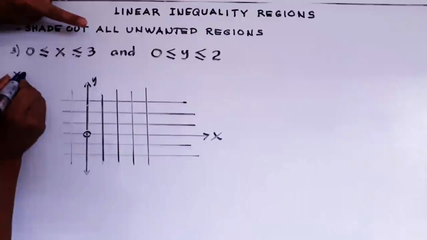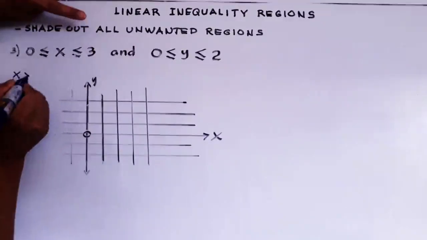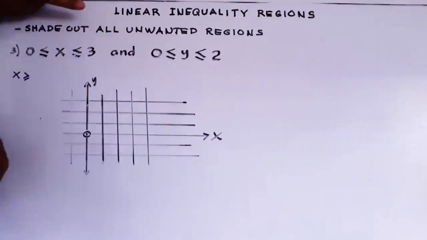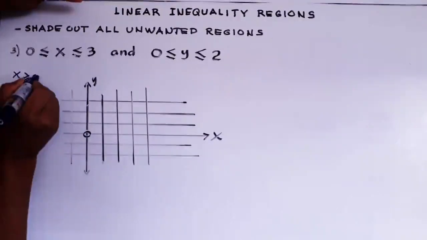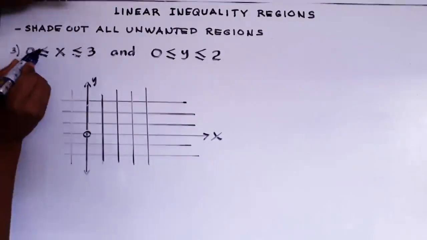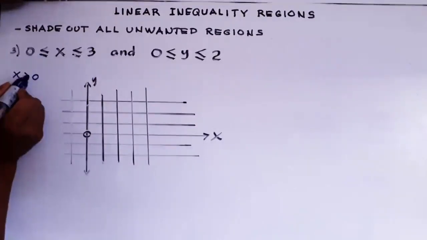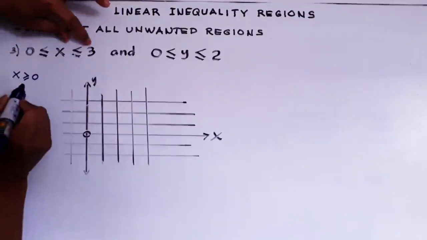So it should face here, and don't forget equals, and then 0. See here also, this small pointed end is pointing to 0. Now this one, you just copy this one.